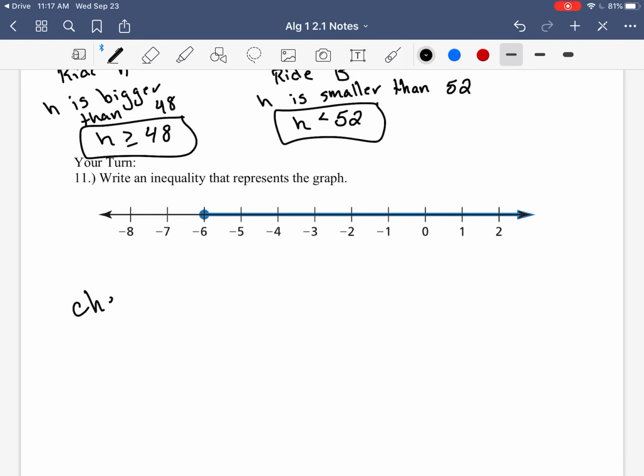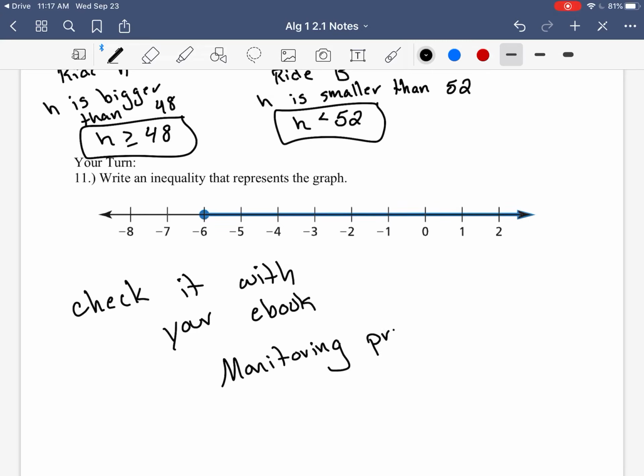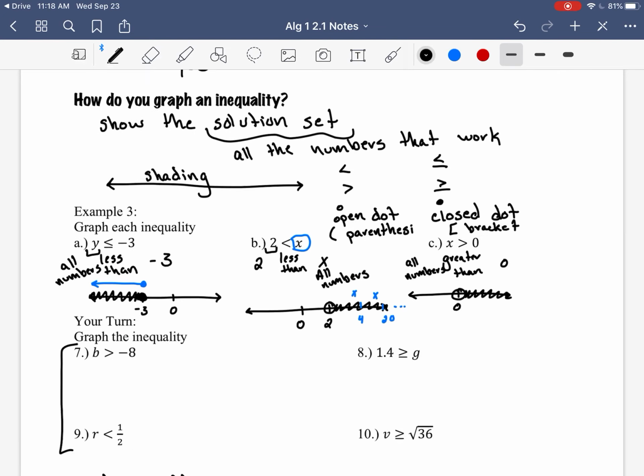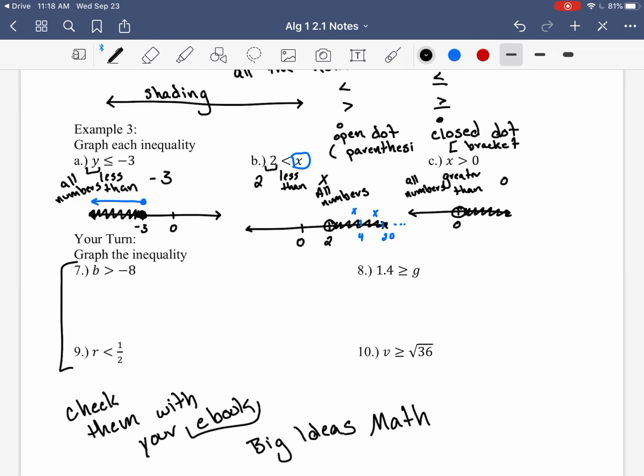Again, I want you to check it with your ebook. Okay, I might not have done a very good explanation on how to check it with your ebook. These are what are called the monitoring progress problems within your text. If you go to section 2.1 and look at the monitoring progress problems, these are monitoring progress problems 7, 8, 9, and 10.